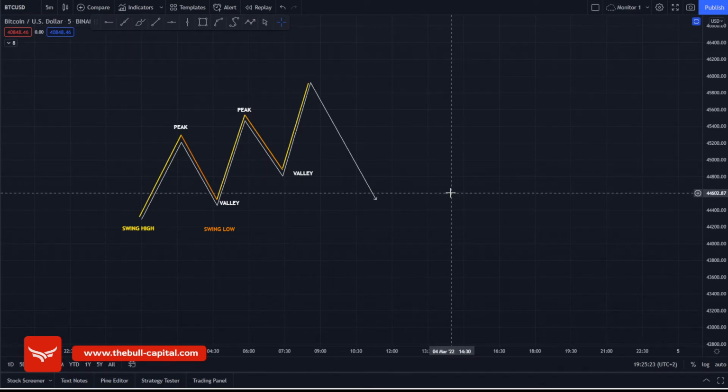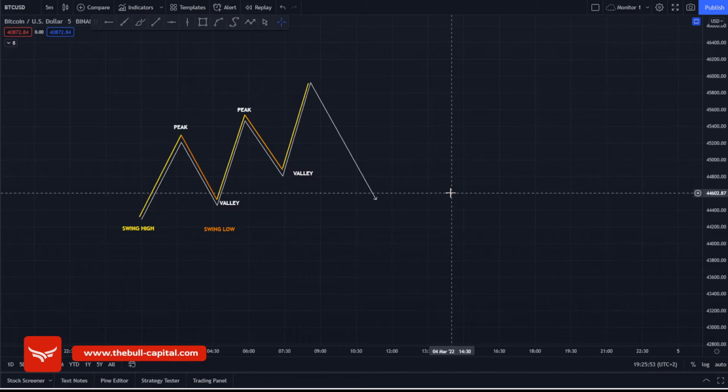The swings can have different sizes, smaller swings or bigger swings. It depends on the time frame that you trade, and we're gonna learn about time frames in the next lesson.